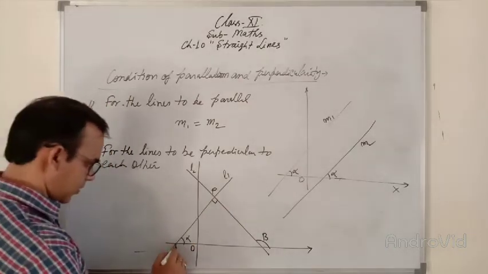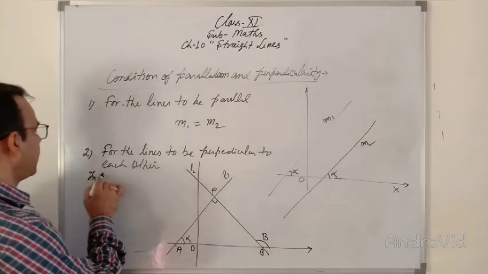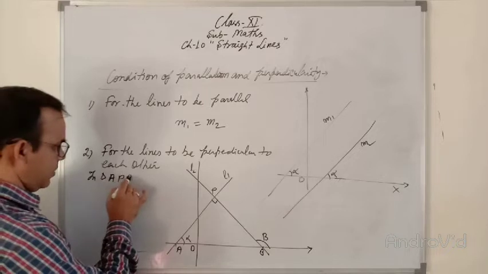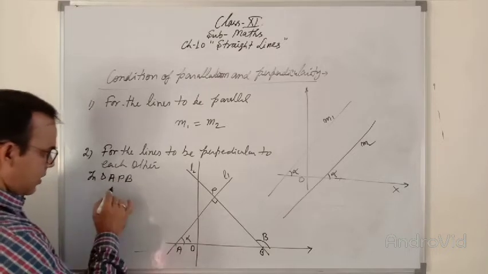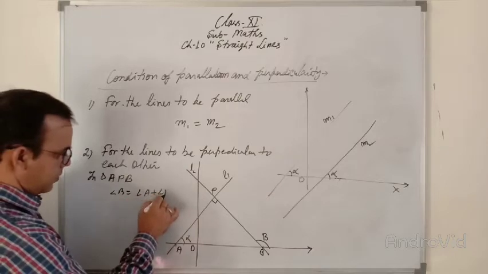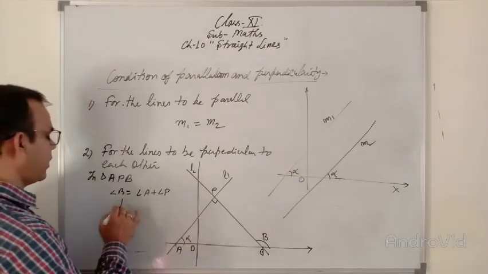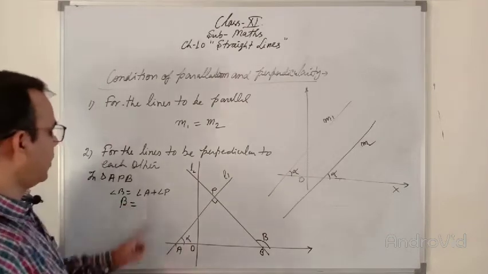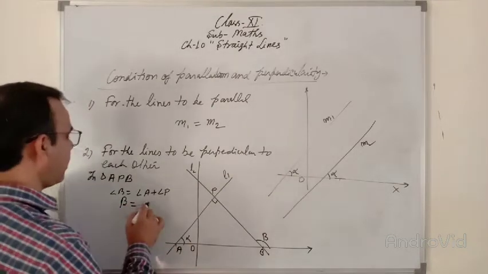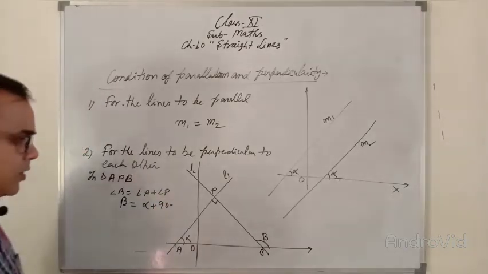So in this triangle, suppose it is the point A, it is the point B, it is the point P. So in triangle APB, angle B equal to angle A plus angle P, by the exterior angle property. Angle B is beta, angle A is alpha, and angle P is 90 degrees.